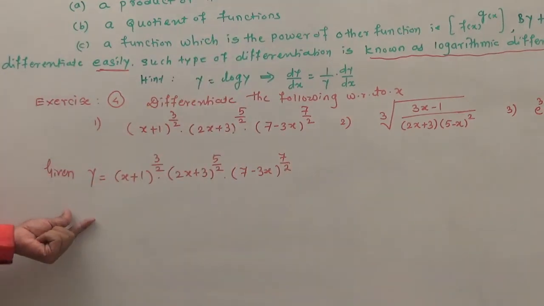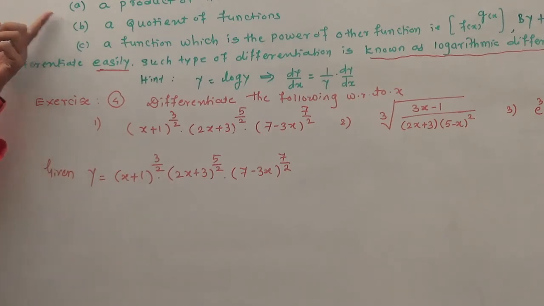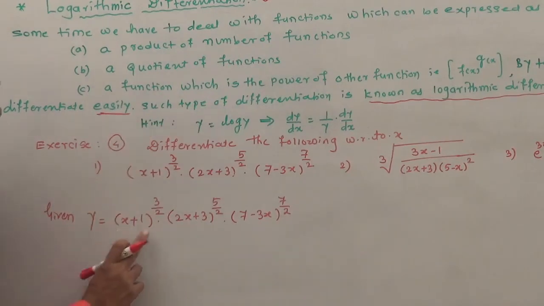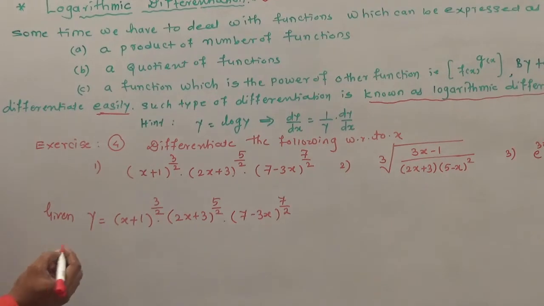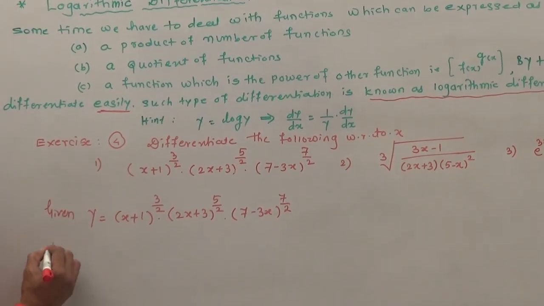Observe this example. It depends on the topic type, a product of a number of functions. If a product of functions is given, then it is easy to take logarithmic differentiation.